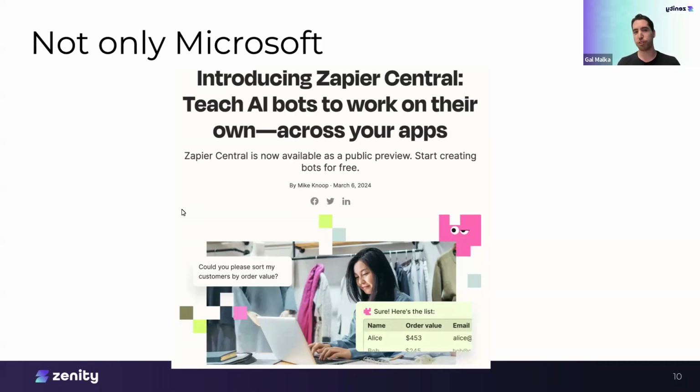Essentially, they took all of what they developed over the last 10 or 15 years, which helps you connect to any tool and integration you want, and they've put Copilot on top of it. And you can see that what they're saying is teach AI bots to work on their own across your apps. So you get the idea. It's kind of the same concept that Microsoft introduces with the extensions and plugins. You can build Copilots and enhance them with your own and existing tools.